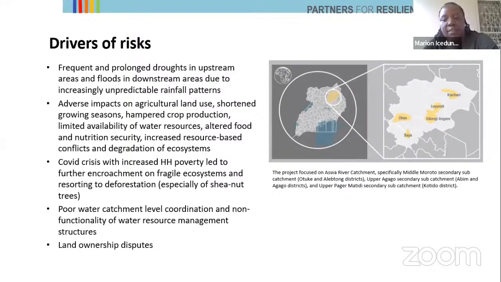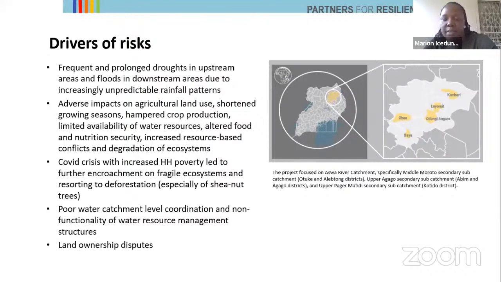As a project, we targeted our work in 6 micro catchments of this landscape. These areas, due to unpredictable rainfall patterns, were faced with prolonged droughts, especially in the upstream areas, but also flooding in the midstream and downstream areas.